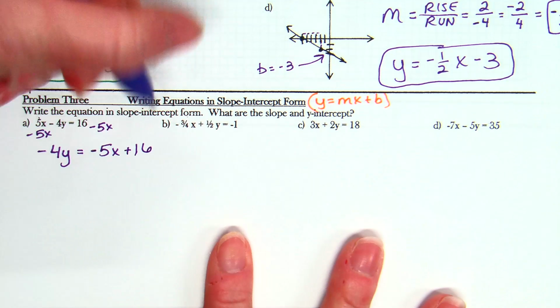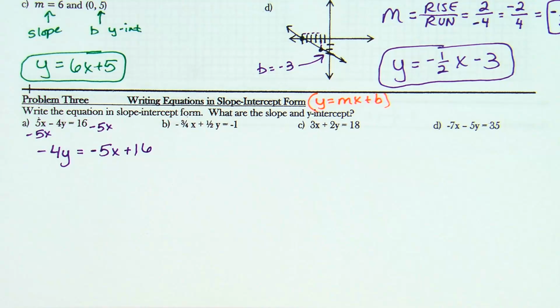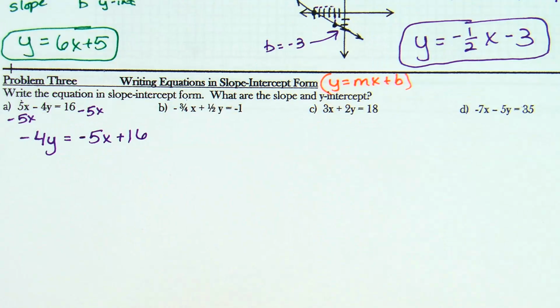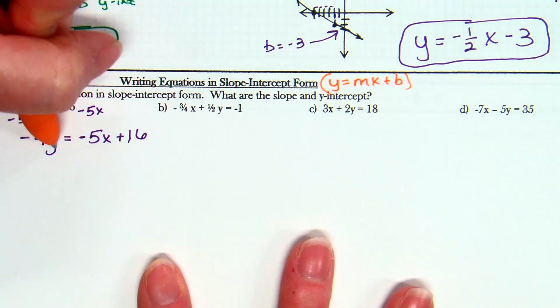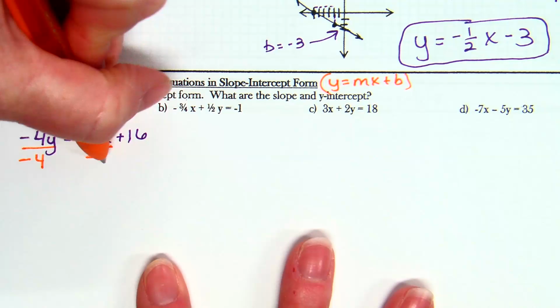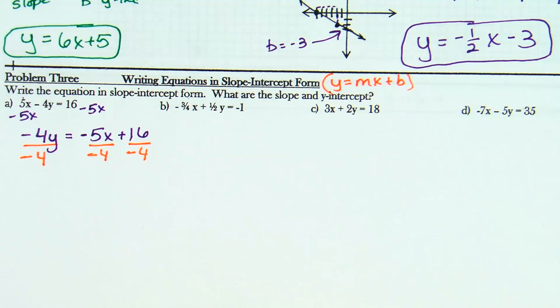No. How do I get y by itself? If it's negative 4 times y, divide. If I divide the left by negative 4, we're dividing the right by negative 4, and everything on the right. So negative 4y divided by negative 4 is y.